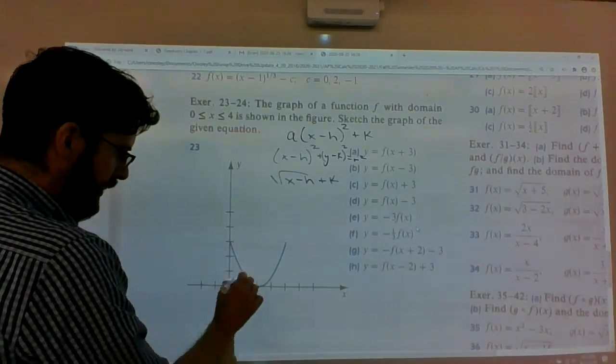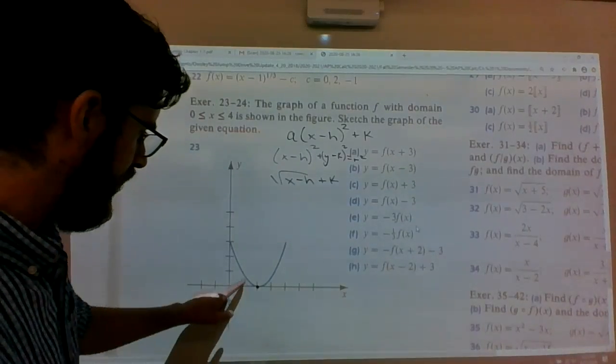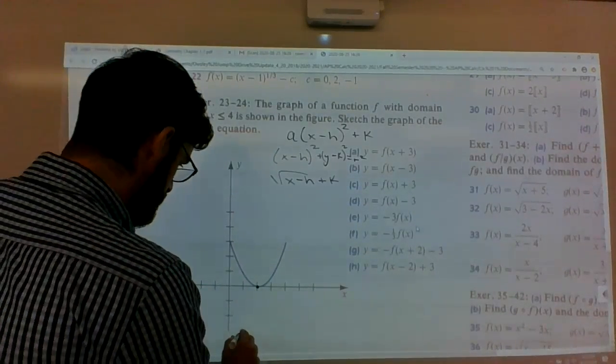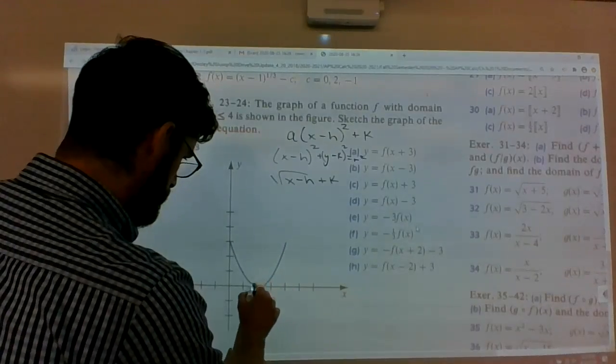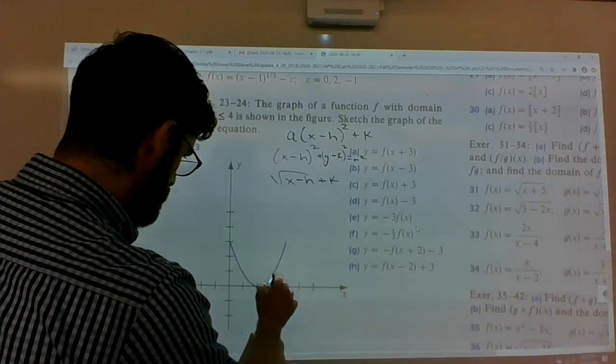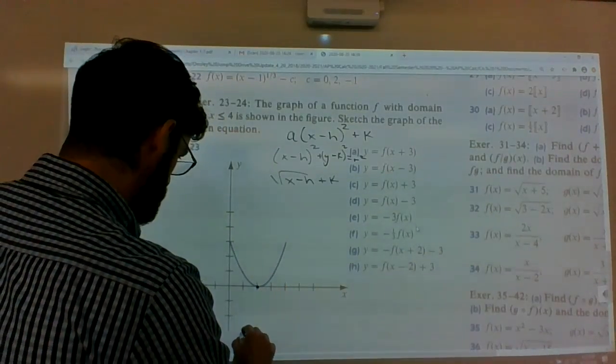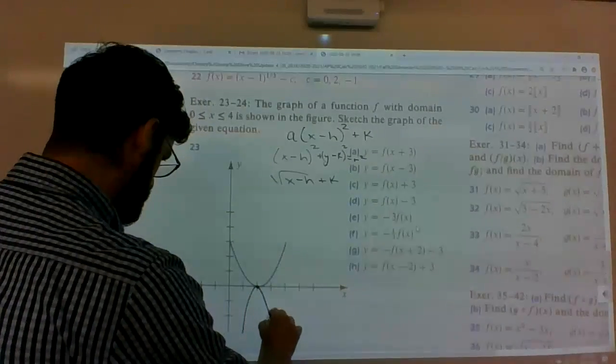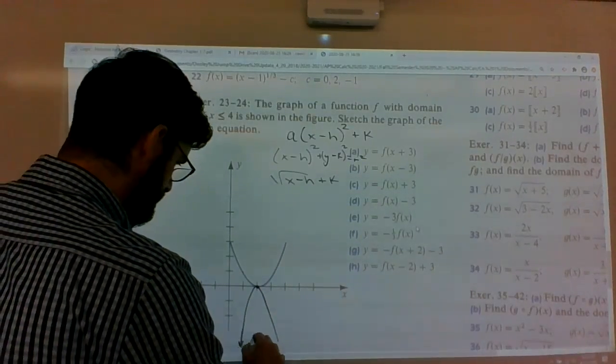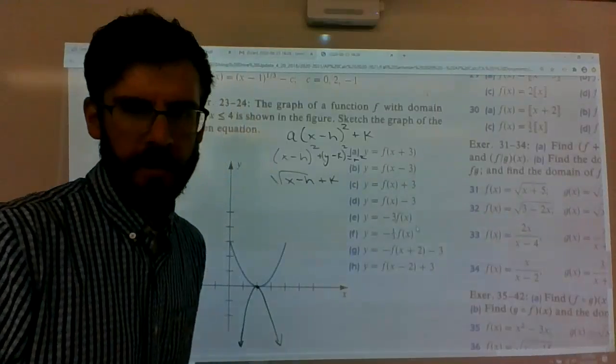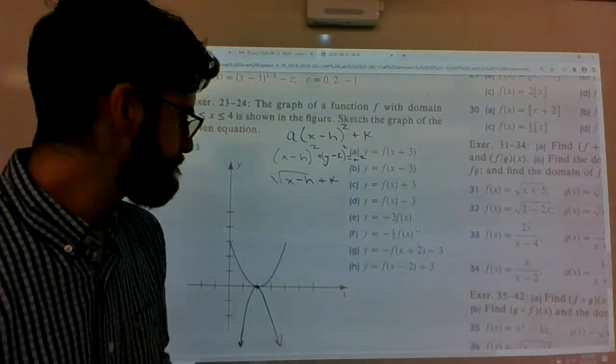So if you had the point 1, 1, that point is now 1, negative 3. It's basically 3 times as skinny.